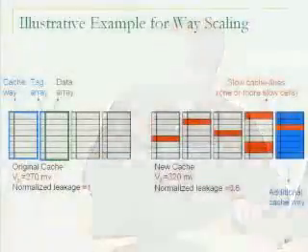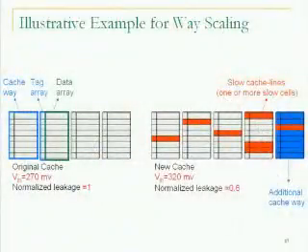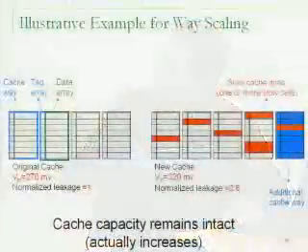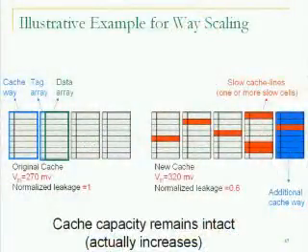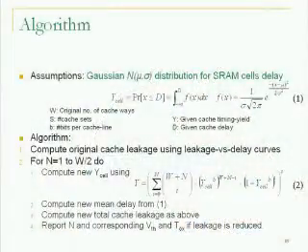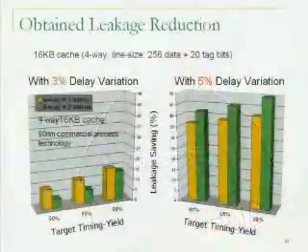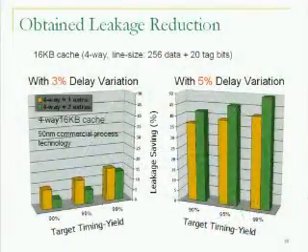We have an analytic formula so that the number of these delay-violating SRAM cells and cache lines would remain such that the total cache capacity remains the same. So this is the basic mechanism that we use to get some leakage saving.